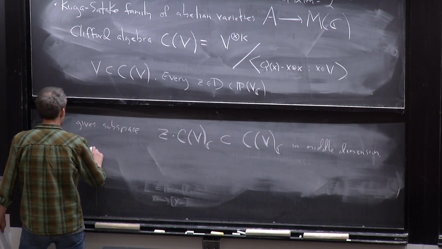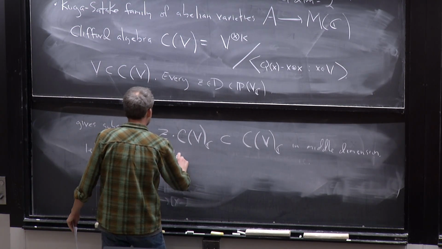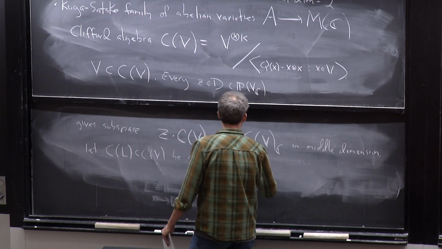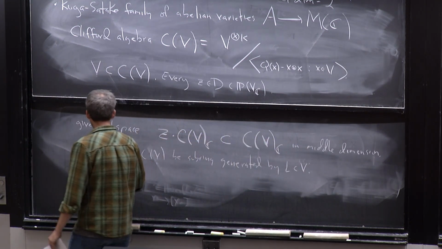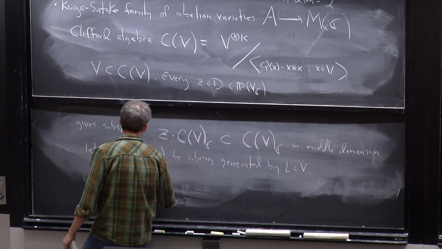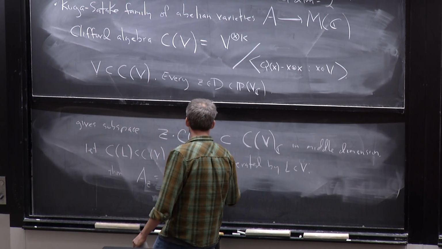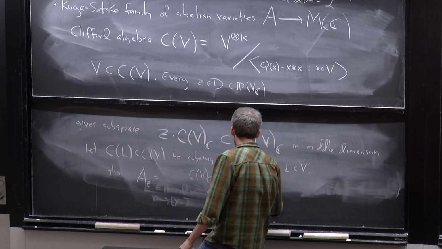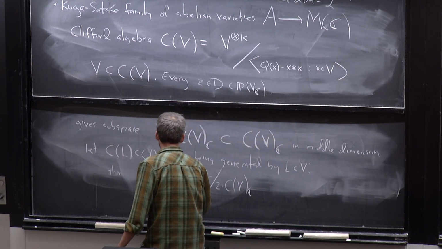And then you can let C of L inside of C of V be the subring generated by the lattice L. And then we get, attached to this point z, some abelian variety, complex torus at the moment, A_z, which is just you take the complexification of the Clifford algebra modulo the right ideal generated by z, modulo this lattice inside of it.